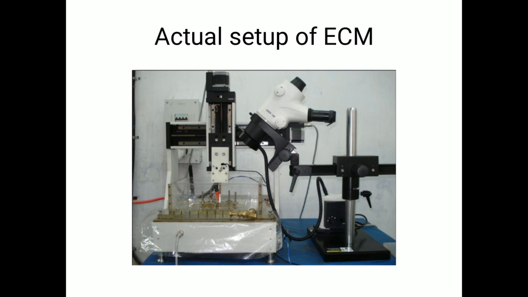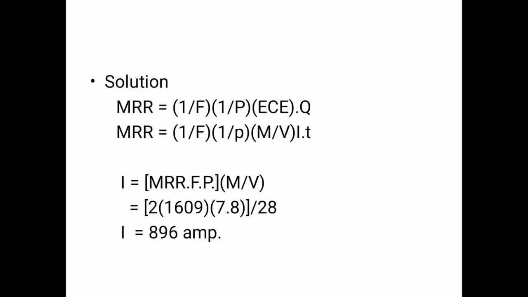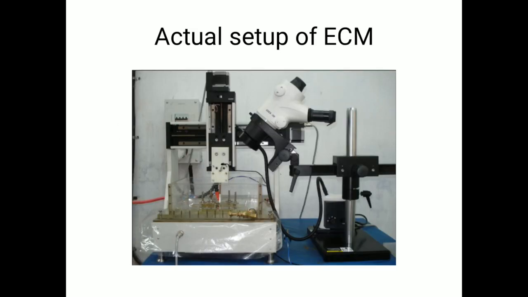And you can see a red colored hose, which is used to circulate the electrolytic solution from sump to workpiece. And you can see another white colored tube, which is used to drain the electrolytic solution, or to return the electrolytic solution to the sump. This is how the electrolytic solution is circulated using a pump.